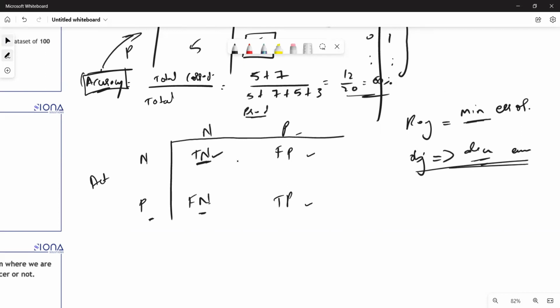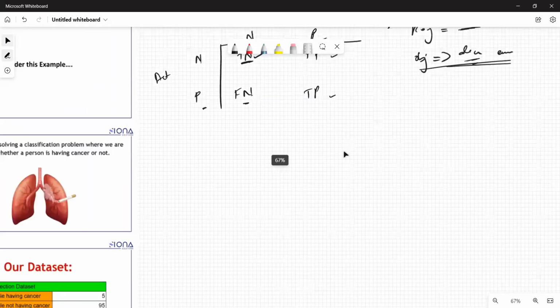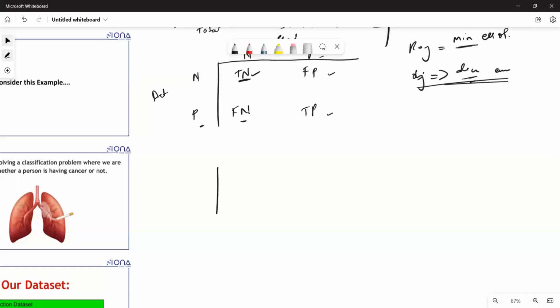Now let us go back to our example of the cancer patient. Here, our model was a stupid model that gave a hypothesis that nobody has cancer, that is 0.